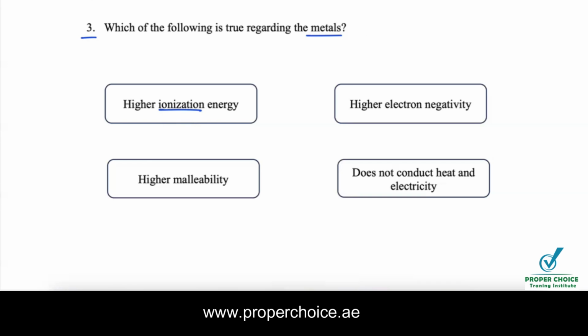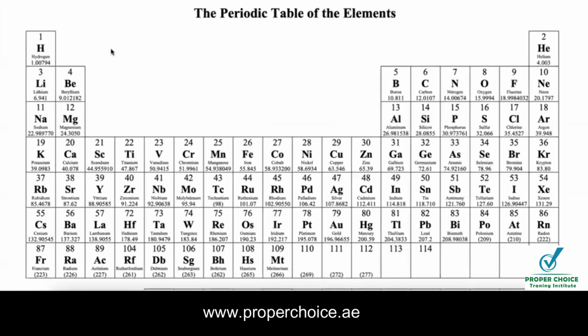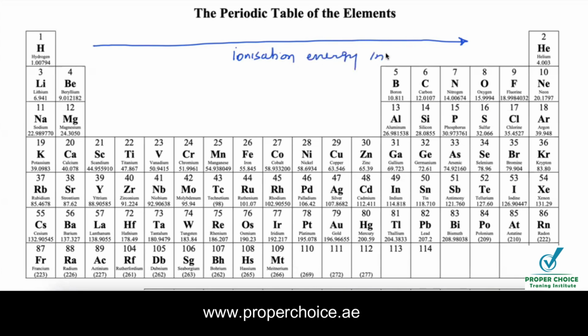But if you look at the periodic table, you should be knowing this trend as well. Just like atomic size decreases, in a similar way, as you move from left to right across the period, ionization energy increases. It means as we go from metals towards non-metals, ionization energy increases. From this I can conclude non-metals have greater ionization energy compared to metals.